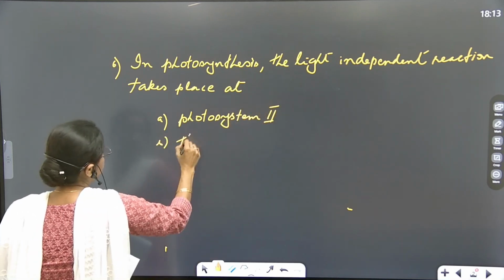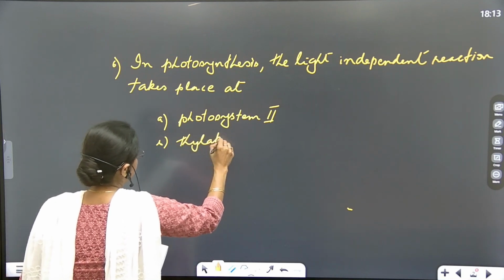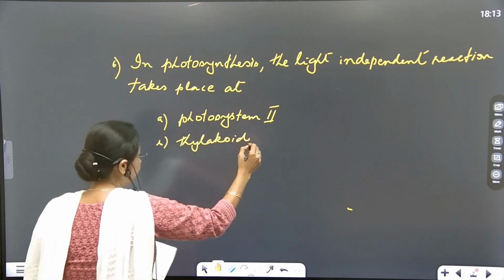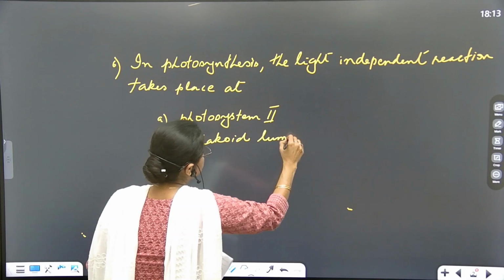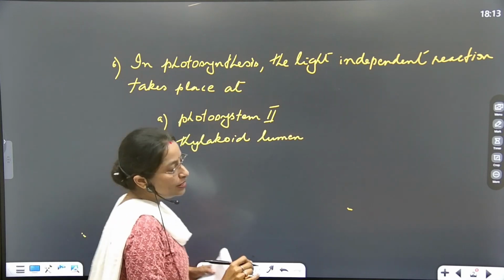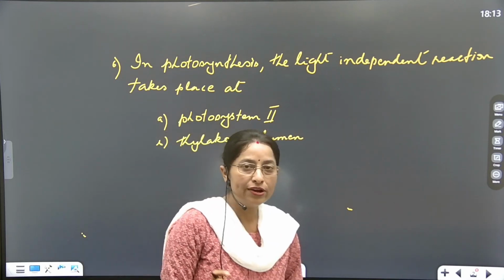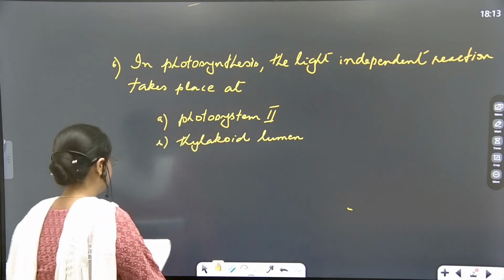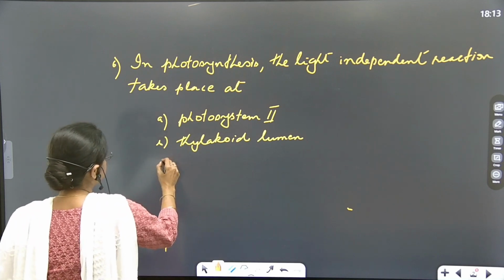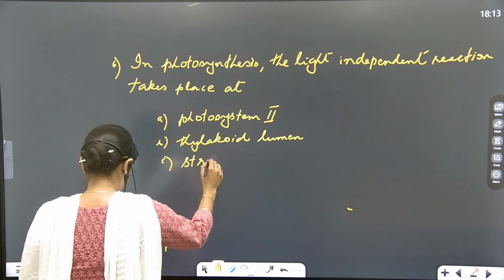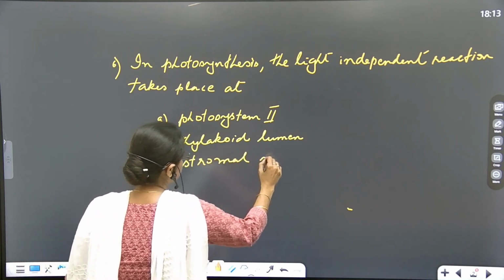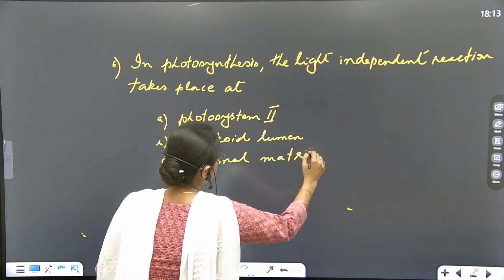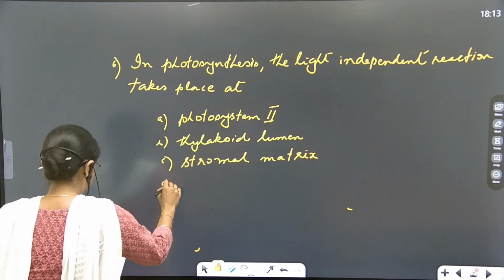Option B, thylakoid lumen. Do you remember this word lumen? What was lumen? Thylakoid lumen, the inside portion of the thylakoid, is called lumen. And then the stromal matrix.